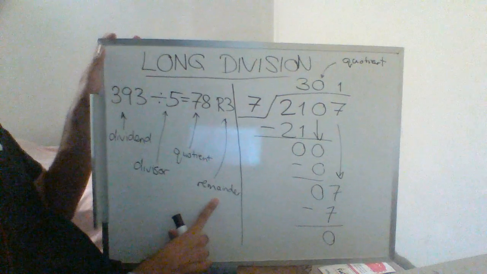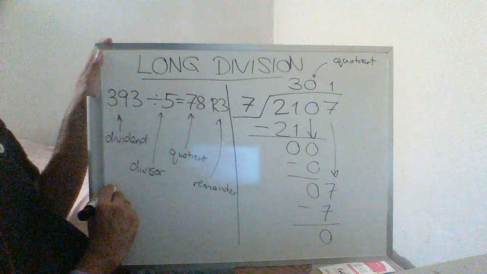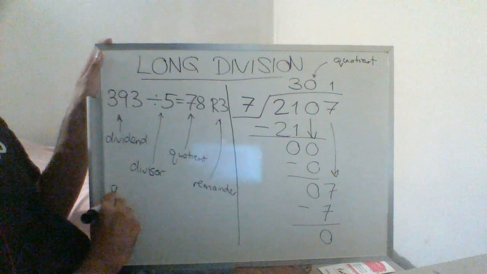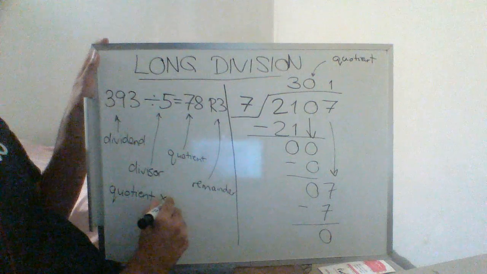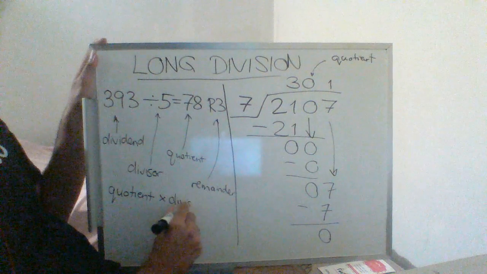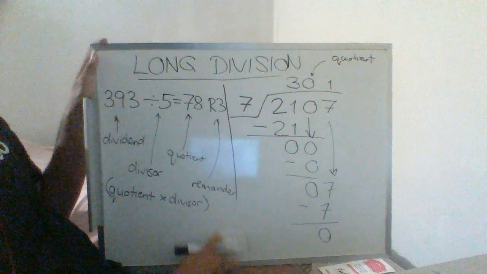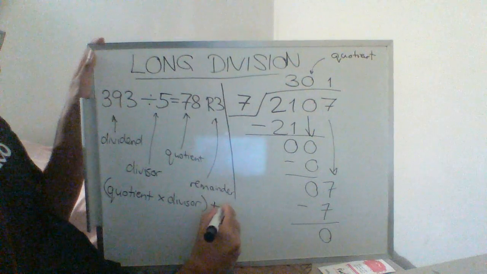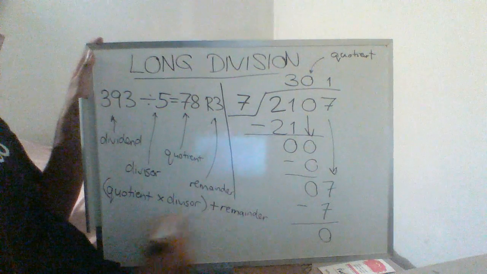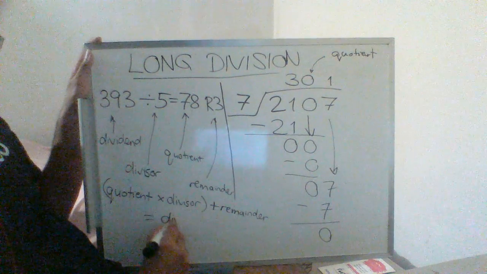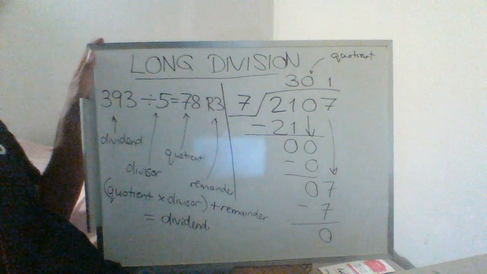If you want to check that your final answer is correct, what you want to do is multiply the quotient by the divisor, and then add the remainder to that, and that whole thing should equal your dividend.